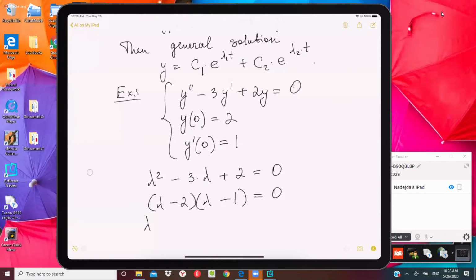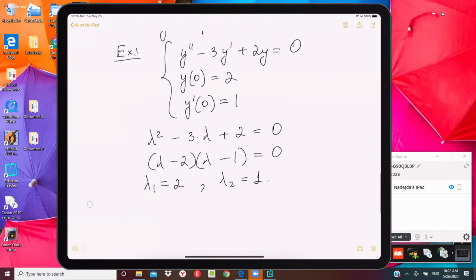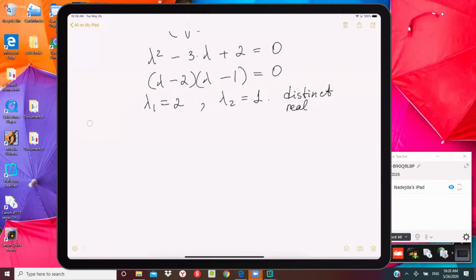So yes, we're getting two real solutions. Lambda sub 1 is 2, lambda sub 2 is 1, right? So two distinct real roots.